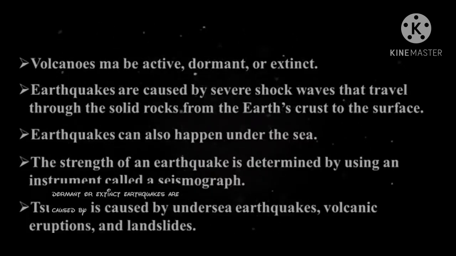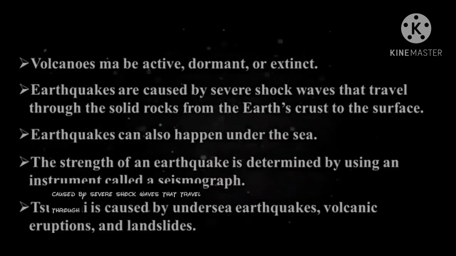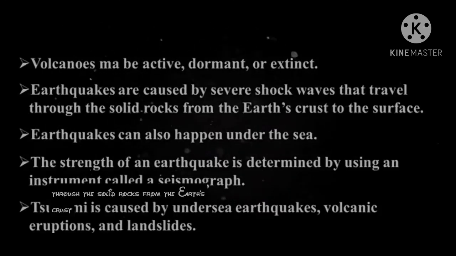Earthquakes can also happen under the sea. The strength of an earthquake is determined by using an instrument called a seismograph. Tsunami is caused by undersea earthquakes, volcanic eruptions, or it might also be caused by landslides.